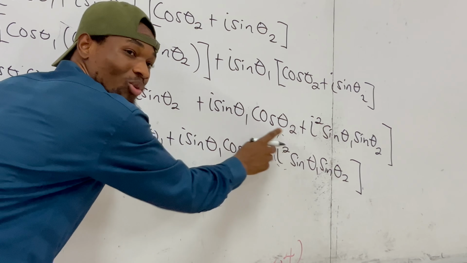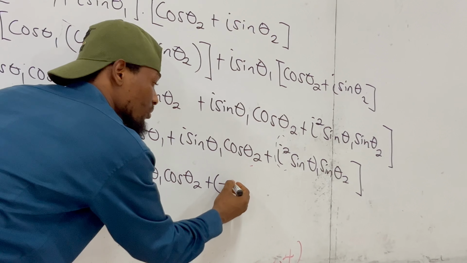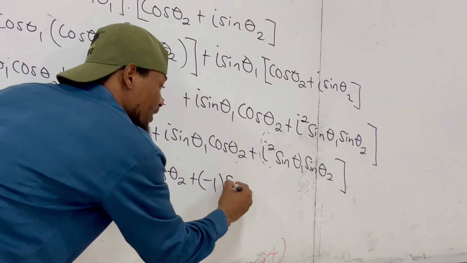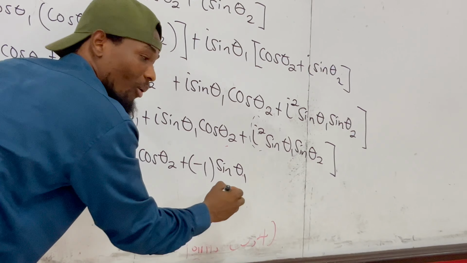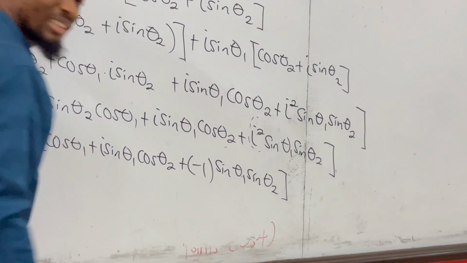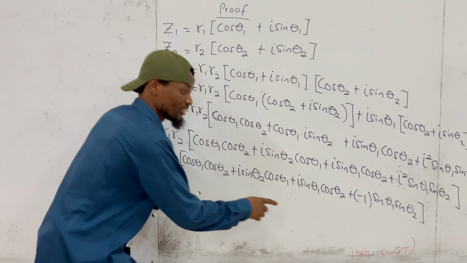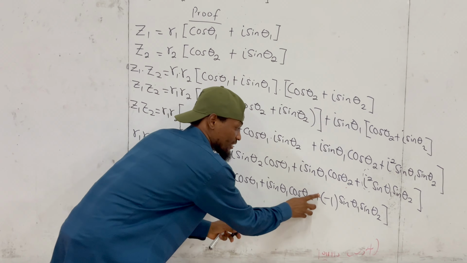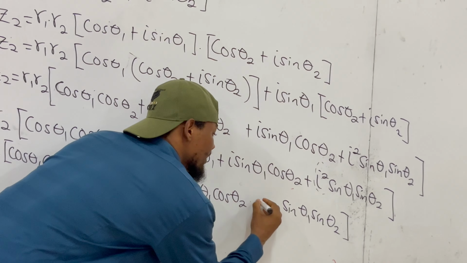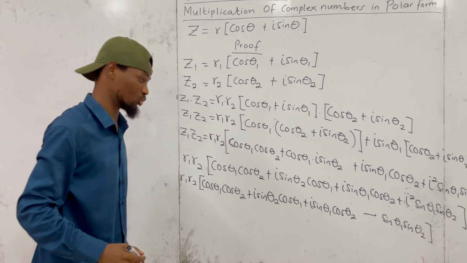Plus, then i squared is what? Negative. So I have -1. Okay. Then I have sine theta 1 sine theta 2. So if that's the case, then this is the same as, what? Negative sine theta 1 sine theta 2.